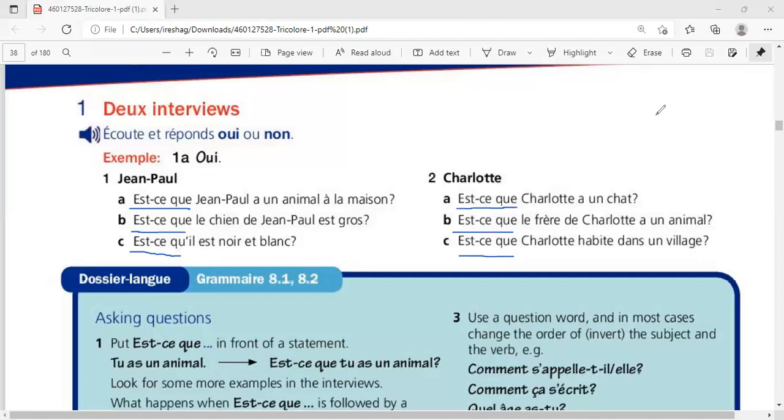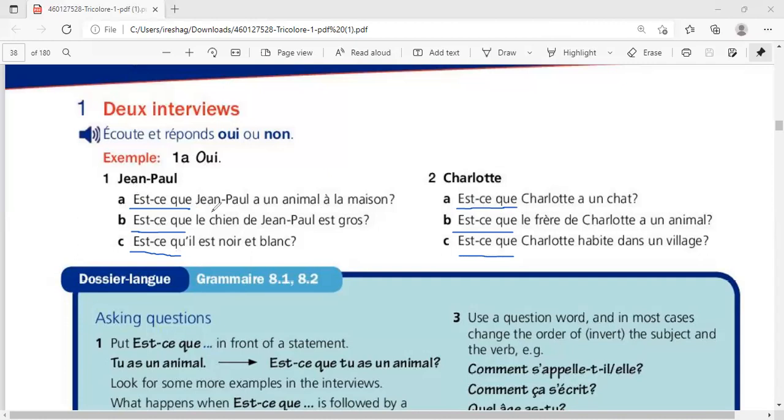So those are questions, right? You can see a question mark at the end, so you know that it's a question. So what is your assumption? What do you think? It's like, when you take this sentence, it's a general sentence, right?